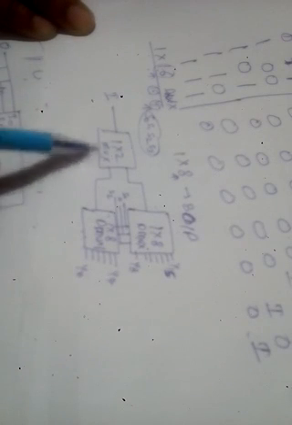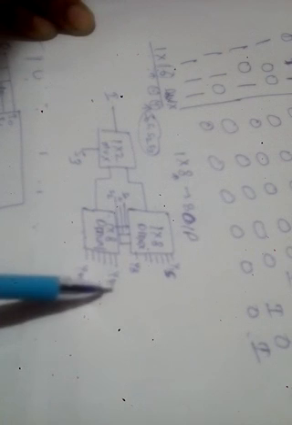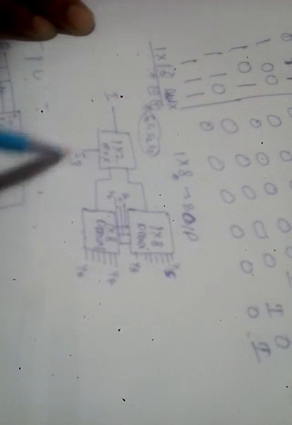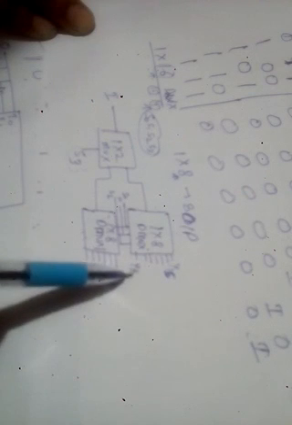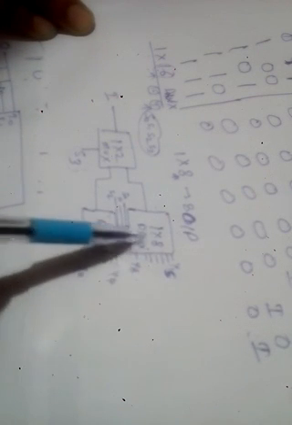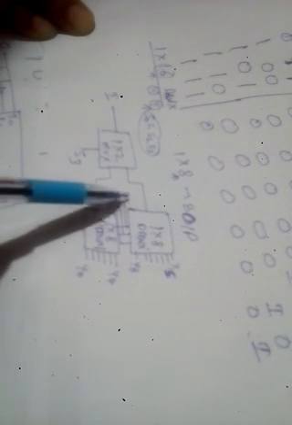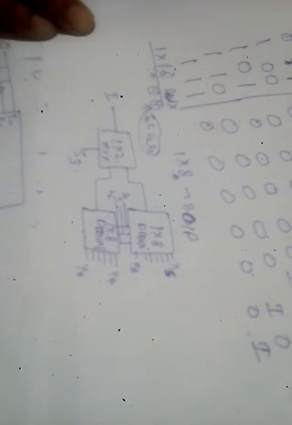So when S3 will be 0, then this input will be connected to any one of the outputs of the lower 1 by 8 demux, that will be based on the combination of S0, S1 and S2 selection lines. And when S3 will be 1, then this input will be connected to any one of the outputs of the upper 1 by 8 demux, that will be based on the values of the selection lines S0, S1 and S2.